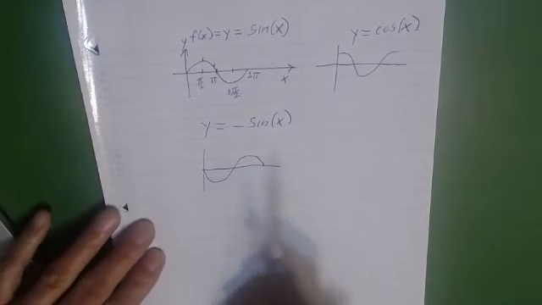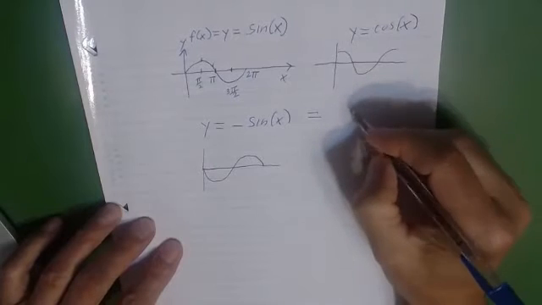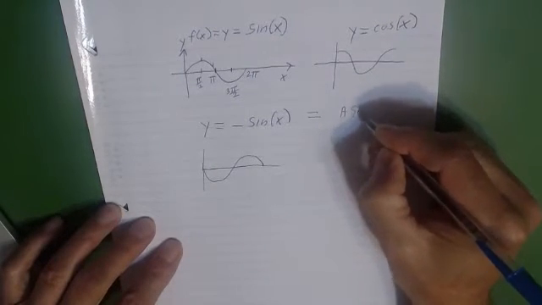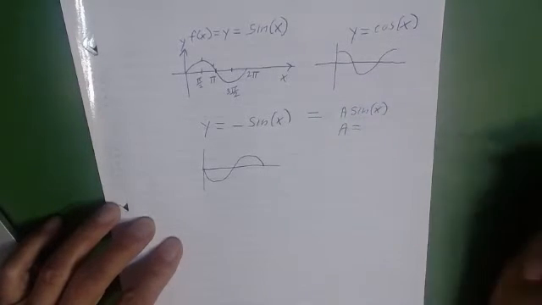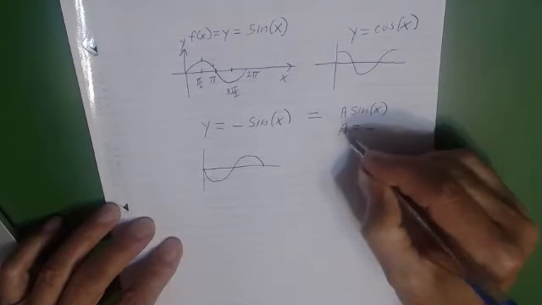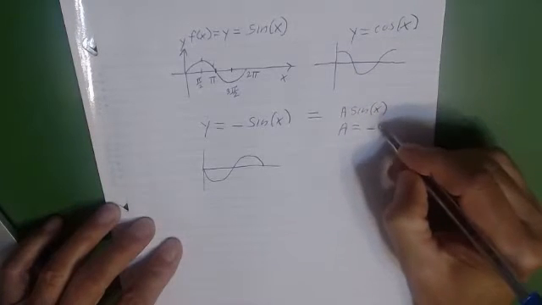Okay, and also notice here, think about our standard form, this would be equal to a sine x, right? So here a is this coefficient, negative 1.